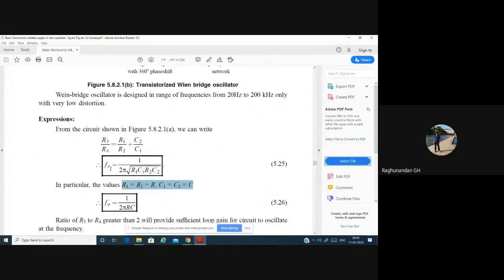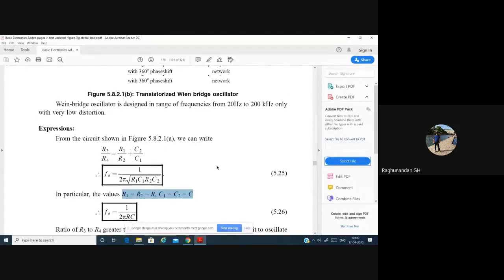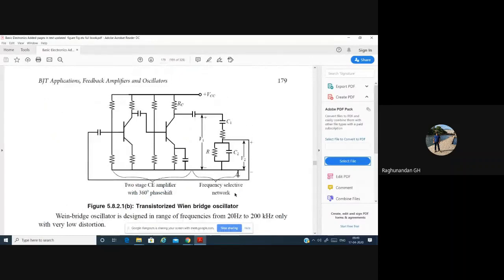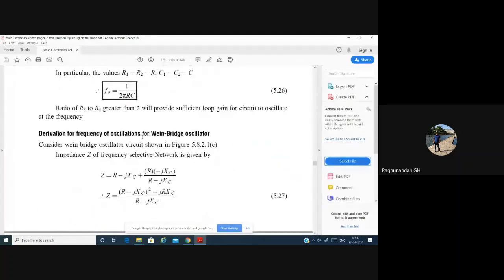This equation shows that the frequency of oscillation is mainly dependent upon the values of the frequency selective network. Whatever resistance and capacitance you have used in the frequency selective network, the frequency is going to depend on those components. Now after that we have the derivation.